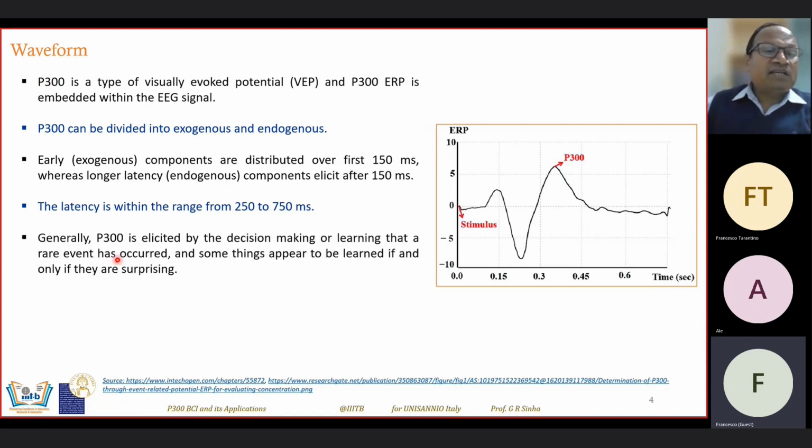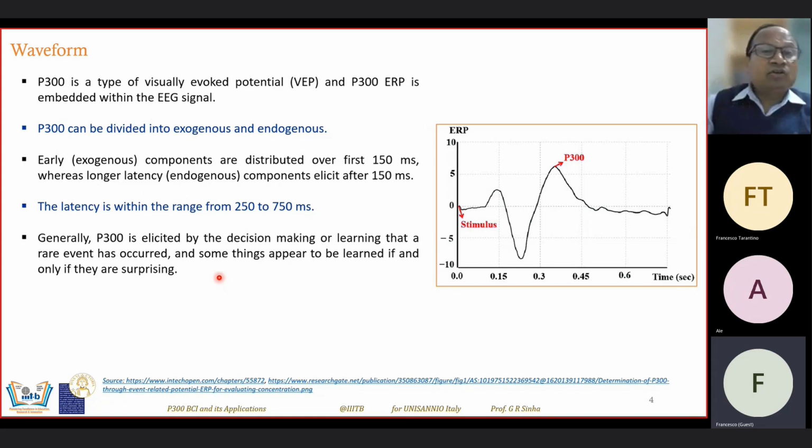Generally P300 is demonstrated by decision making. How is P300 generated? It is generated by decision making and learning that a rare event has occurred. Rare event means that the activities which are very normal to our visual system might not create sudden reaction.